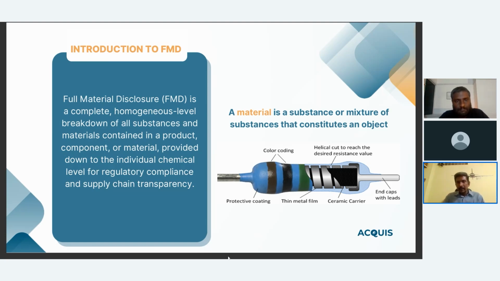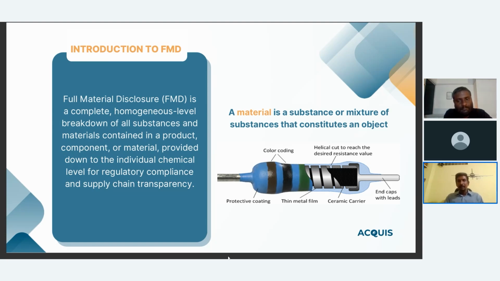There is a thin metal film, there is a ceramic carrier, there is a protective coating outside, and then there is a helical cut to reach the desired resistance value. There are end caps with lead. So these are the materials which a resistor is made out of. Now, each of these materials is a combination of different substances, chemicals at their homogeneous level. So that is what full material disclosure helps us with.